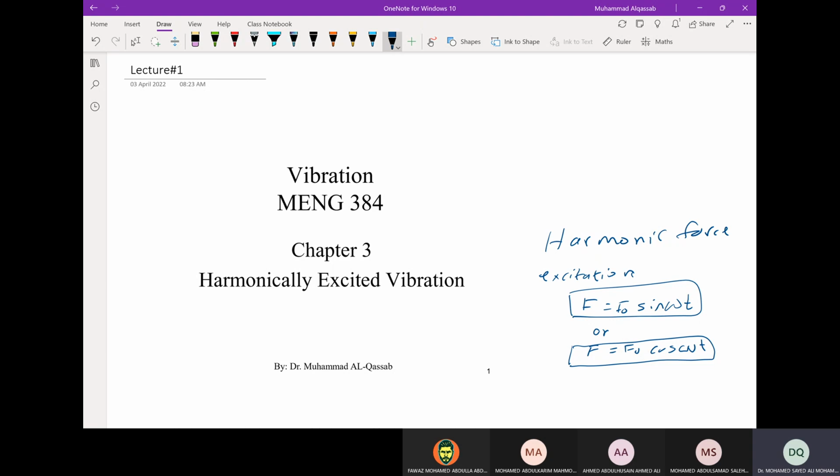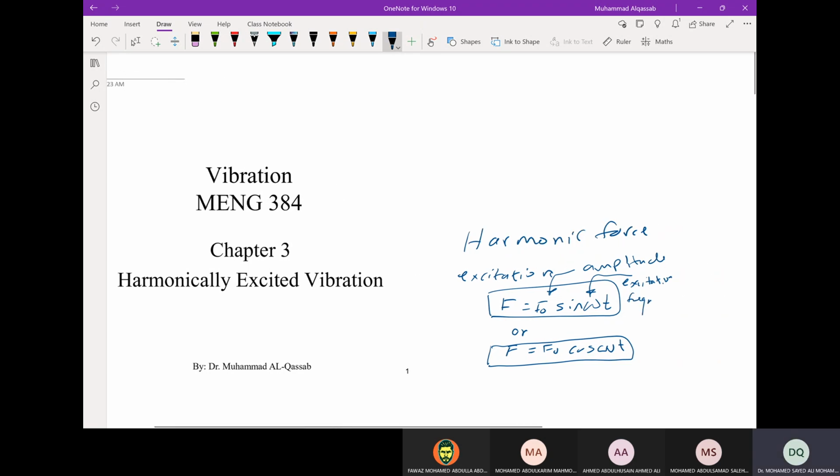As you can see, this is the type of the force. We have the amplitude here, and this is the excitation frequency, which is also given in radians per second.